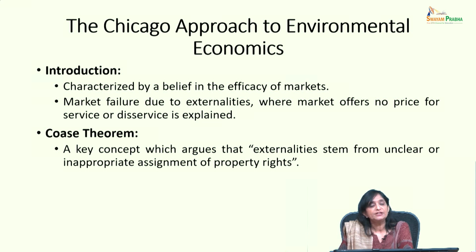Therefore, they developed what is very well known as the Coase theorem, which we will be doing subsequently in this course as well. The key concept here is that externalities are stemming from unclear or inappropriate assignment of property rights. That is, generally the environmental goods do not belong to any private person.